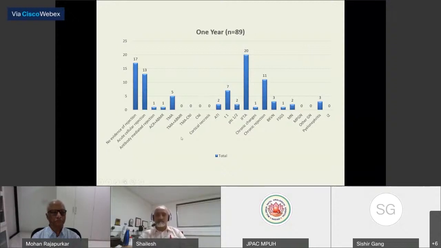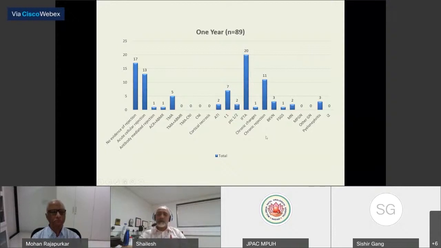We have also seen a few cases of thrombotic microangiopathy, most probably CNI toxicity, and a couple of cases of pyelonephritis at 1 year.